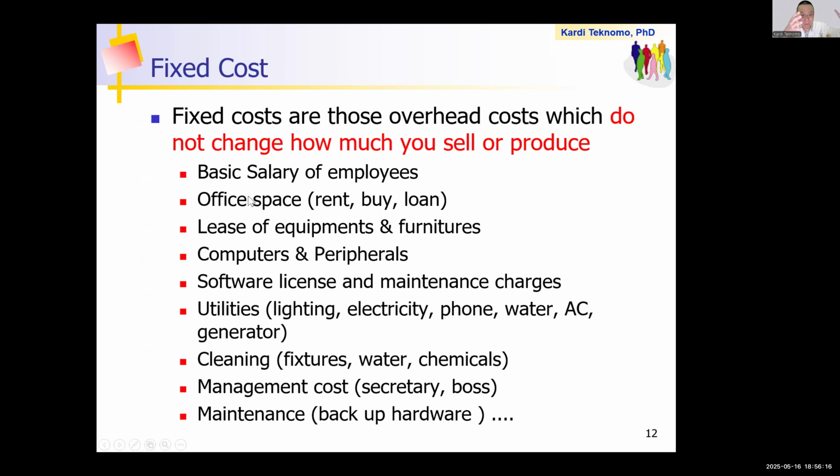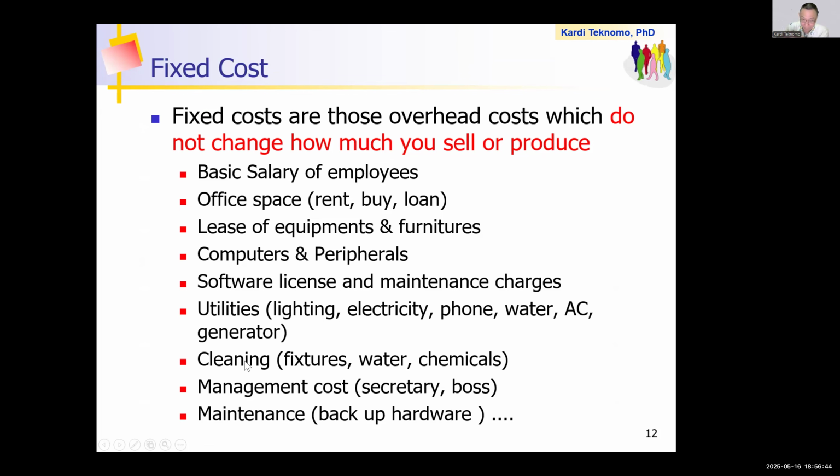You build a building or office space, whether you rent, buy, or take a loan, that is fixed cost. You buy equipment or furniture, or you lease, that is also fixed cost. Your computer, your license, your electricity cost, your phone in the office, a generator for electricity, and so on. These are fixed costs.